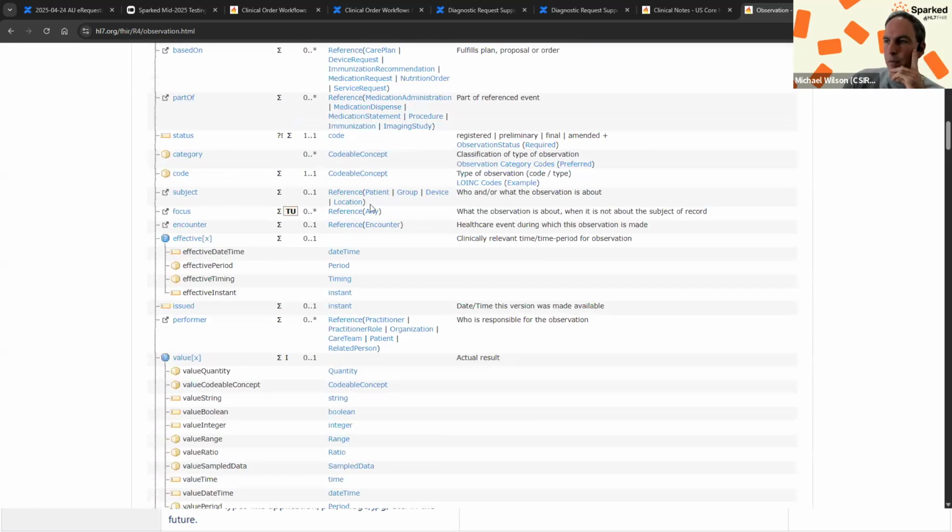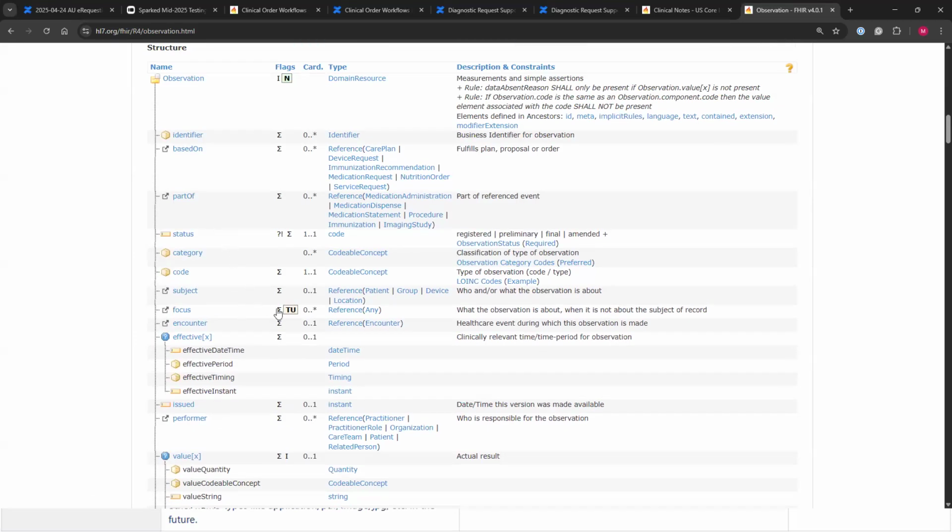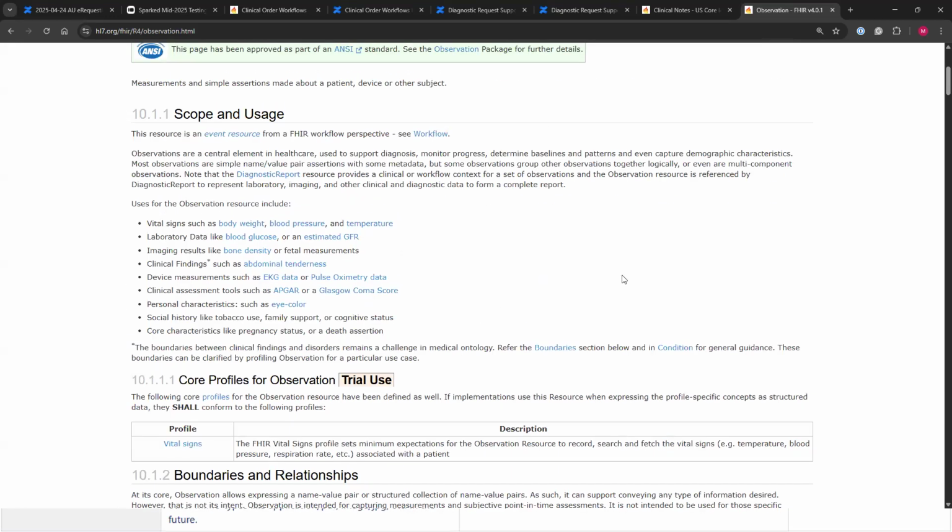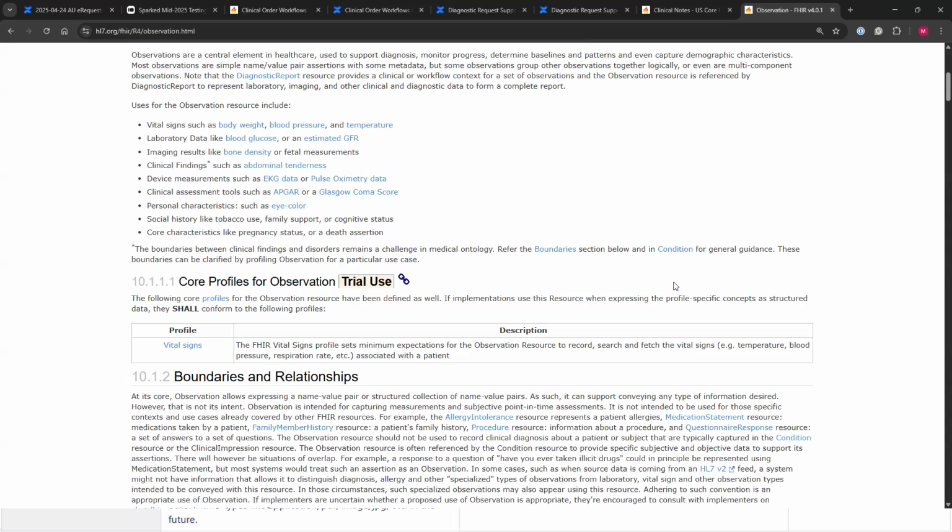Going back to the top, it was describing the sorts of things it would offer, and I can see there social history like tobacco use, family support, or cognitive status. That to me doesn't seem too out of the bounds of what we're trying to use it for. Its intent is to include not only laboratory findings, but also some more general observations. That's where I was pointing towards.